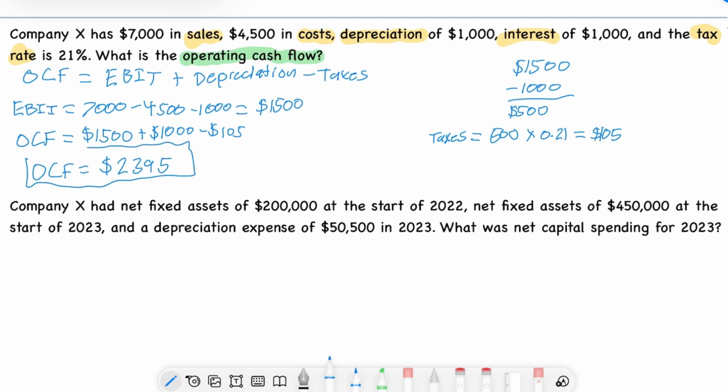Now, if we break this equation down, what's happening is we want to figure out how much cash is coming out of our business as a result of our operations. Depreciation is an expense, but no cash is actually coming out of our account. Our assets are just losing value. So that's why we're adding depreciation back in this equation.